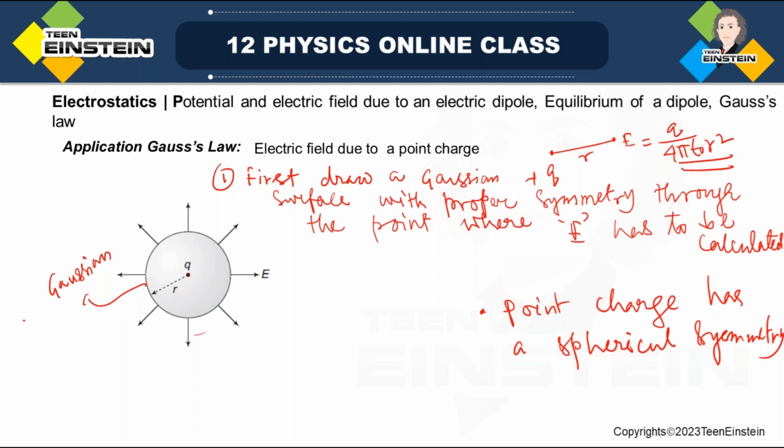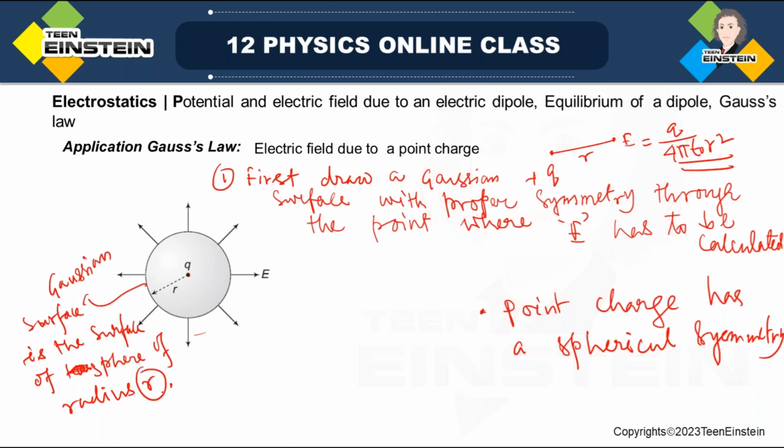Here the Gaussian surface is the surface of a sphere of radius r, because at distance r I have to calculate the electric field.